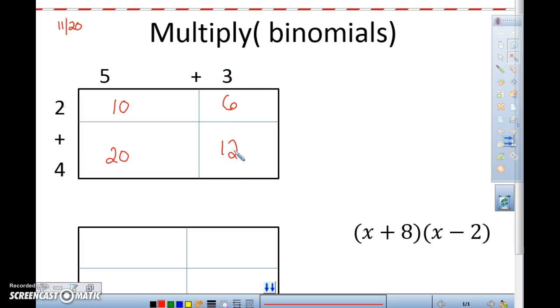And if you were to combine like terms of all of this area here, you get 48. Interesting enough, 5 plus 3 is 8, and 2 plus 4 is 6, and 6 times 8 is in fact 48. So it works. We're going to do the same thing with x's involved.